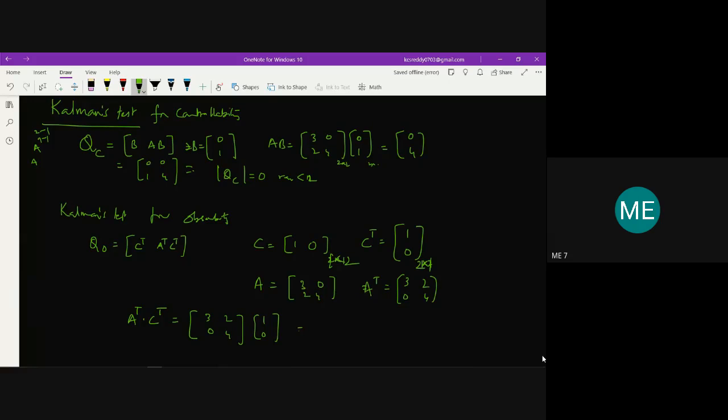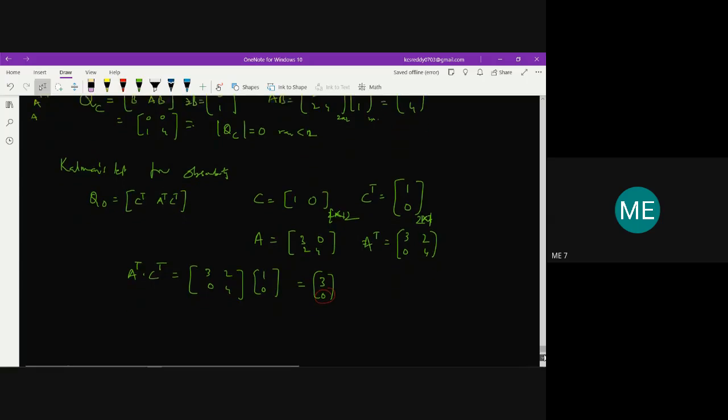So 3 into 1 is 3, 2 into 0 is 0, so 3; then 0 into 1 and 4 into 0, so 0. I'll be getting 3, 0. Here, one element is 0, so we can say the system is not completely observable.